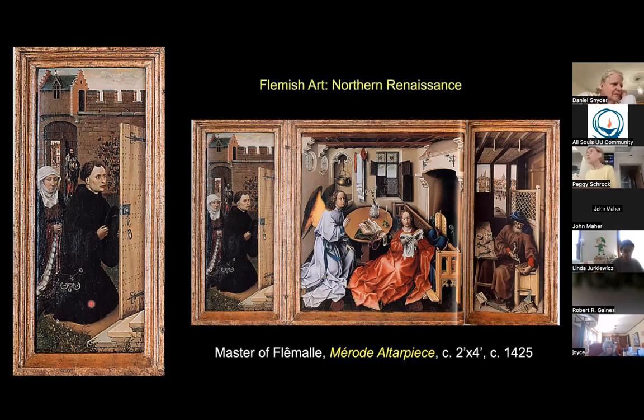And one of the more interesting interpretations of this piece, which is fairly recent, at least in the last 10 to 15 years, is that perhaps this is meant to be a vision. Maybe these people have just been to church and they've just come home and they open the door and they have a vision of the Annunciation taking place in their homes.